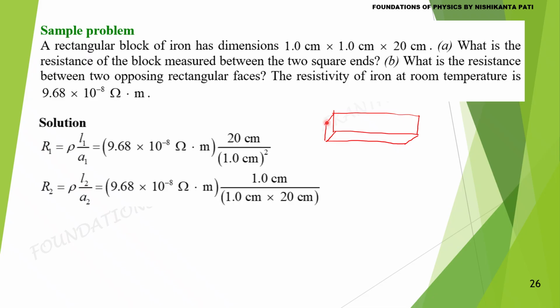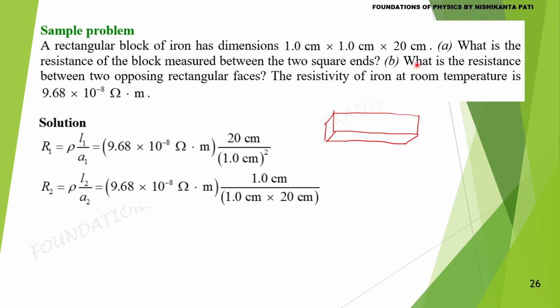It is 1 centimeter, 1 centimeter. The length is 20 centimeter. So the first part asked the resistance of the block measured between the two square ends. So in this case, the length is now 20 centimeter. The cross-sectional area is now 1 centimeter into 1 centimeter.